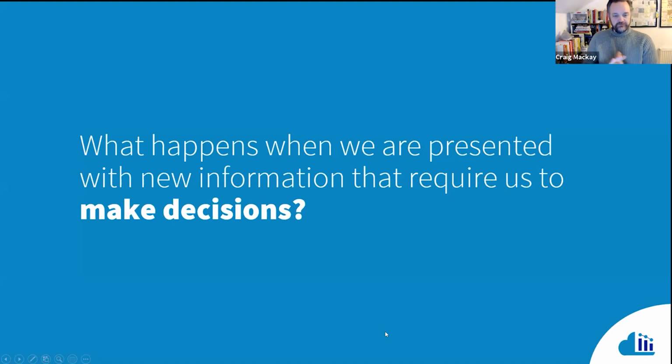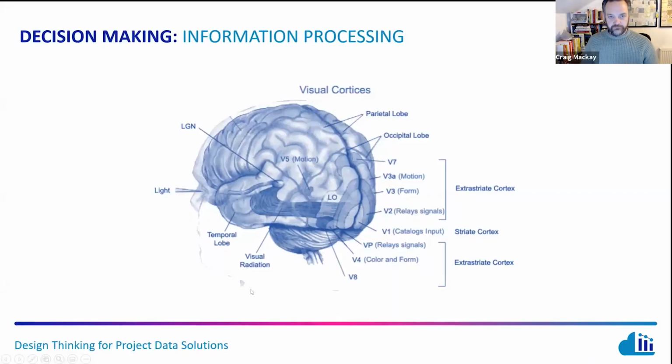So the first bit I want to really get itchy about is what happens when we present new information that requires us to make decisions. What's really going on when we present people with data and ask them to make decisions? The first thing that's going on is we have to process information. So as humans, we're built to be visual.